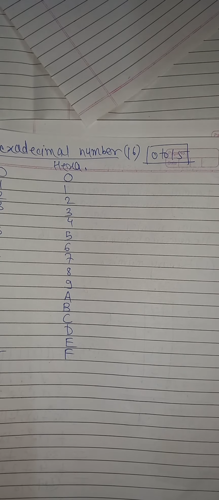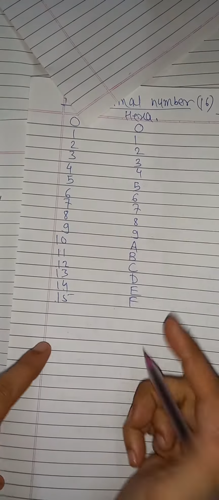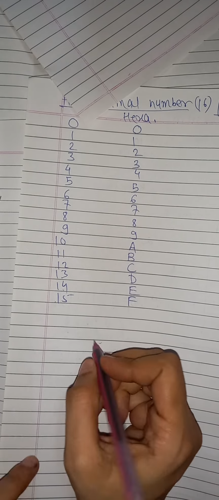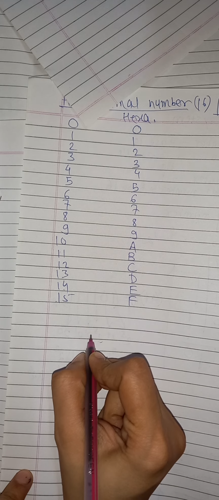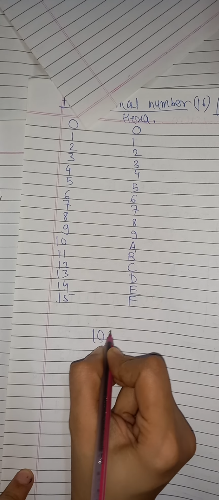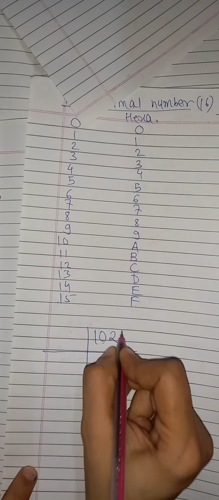Now if we are asked to find the hexadecimal equivalent of a given decimal number, how do we proceed? I will take some large number, say 102.